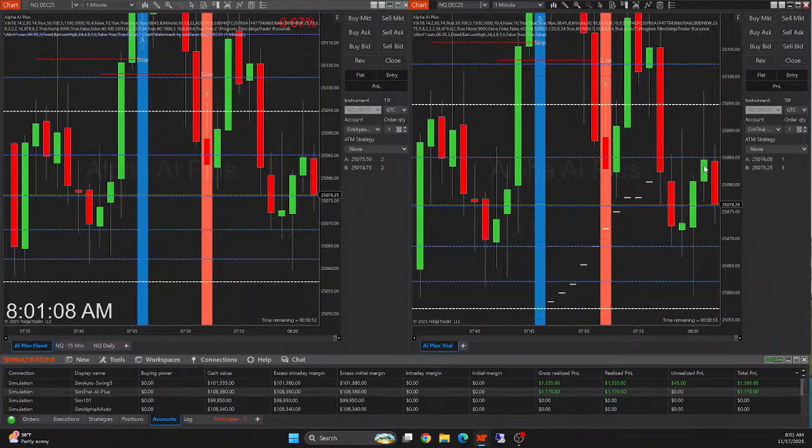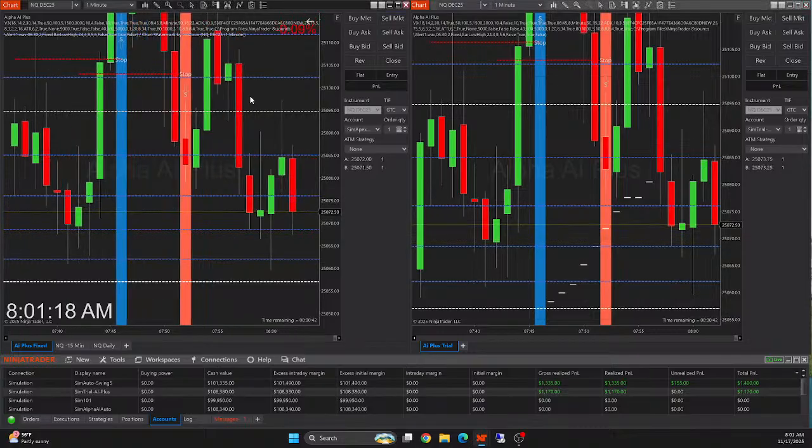Keep pushing down. Wow, that's a big move downside. Come on, keep pushing down. I want to see you move like 600 ticks downside. Come on. Let's go. There we go.